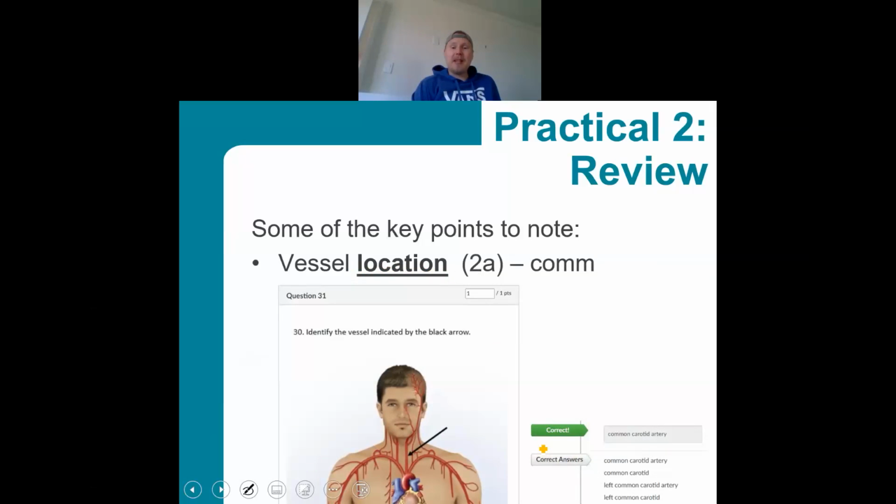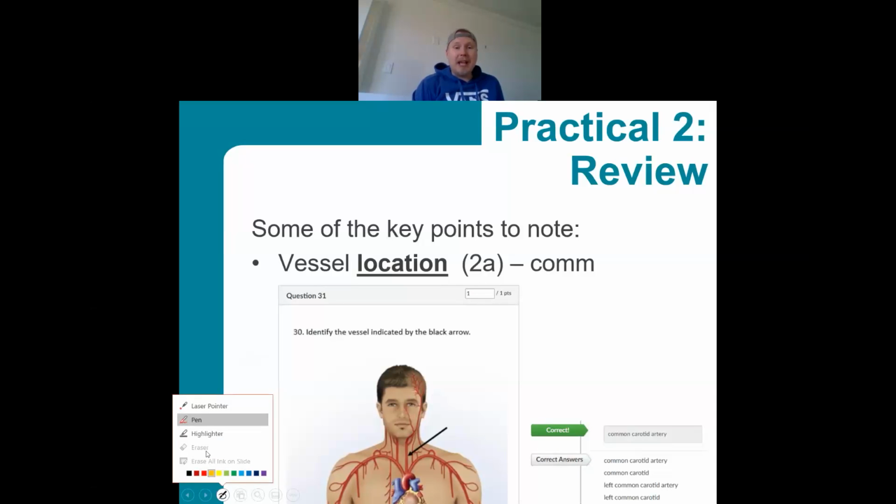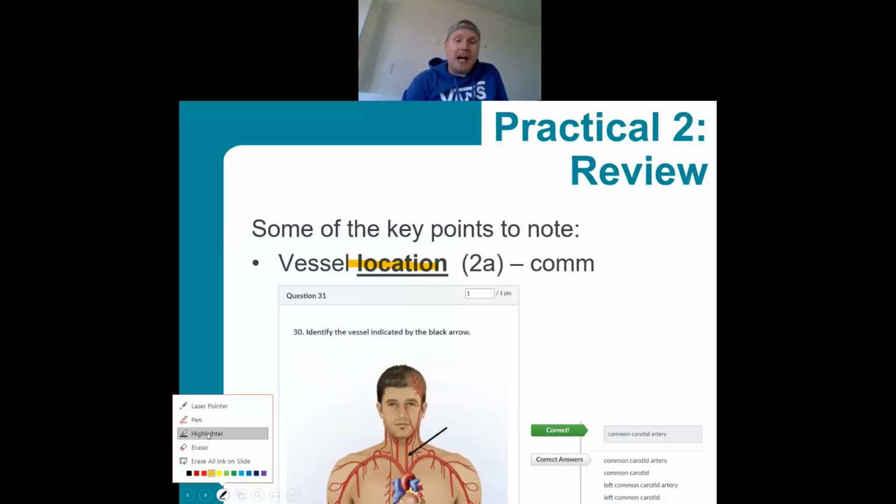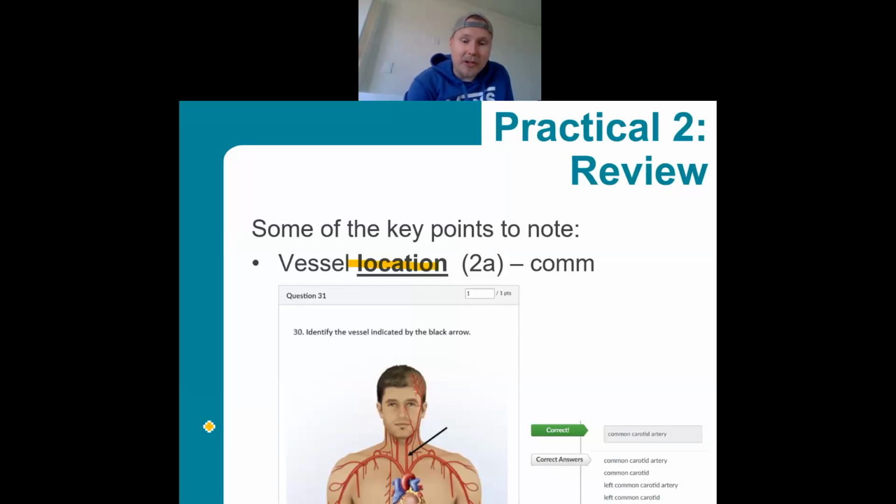In terms of the things that are further important, we want to be sure about the location. So let's continue having a look at that. What we see here is a common carotid artery. The common carotid artery covers the part that runs on the neck. And again, if you wanted to get more points, you could have told me the side.